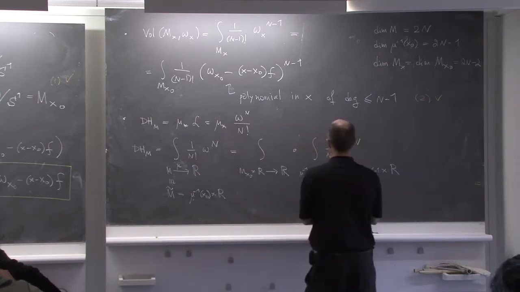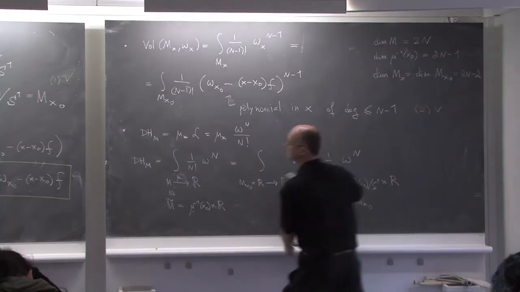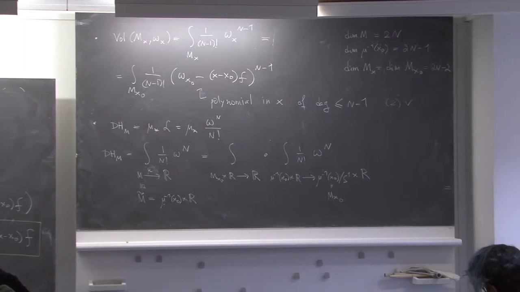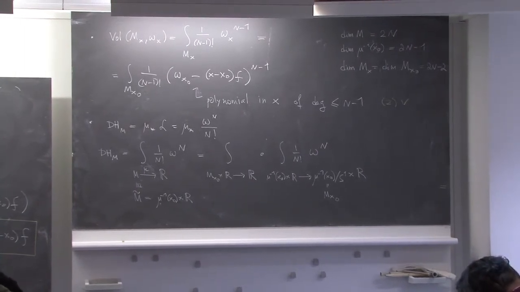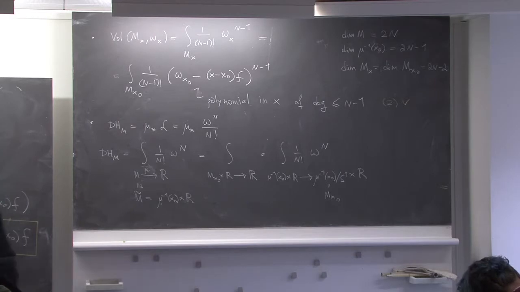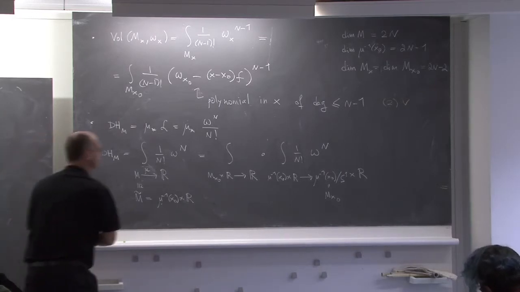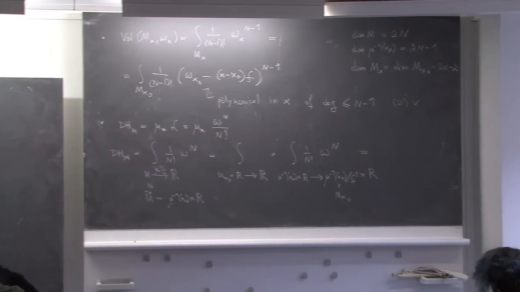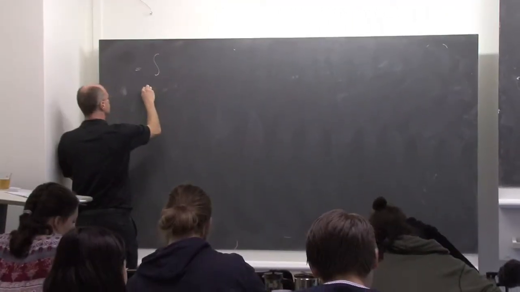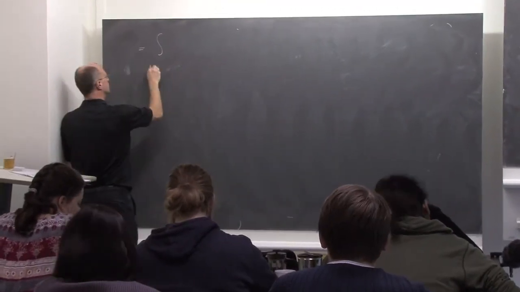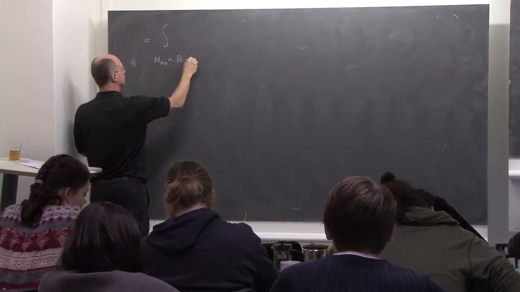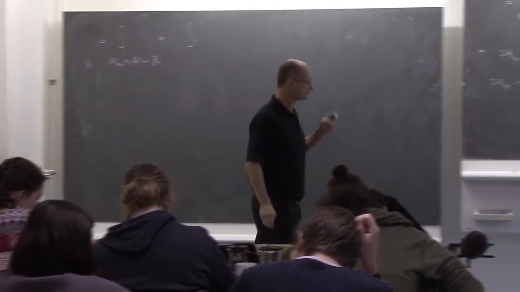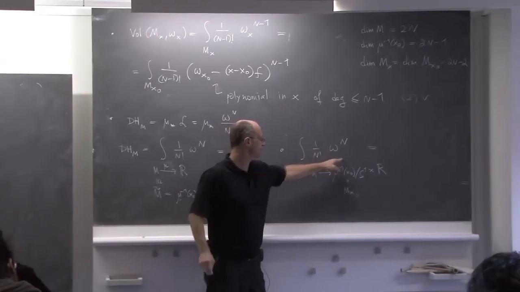Okay, so let me continue the calculation here. That's my integral over the reduced space, and here I would like to rewrite this integral in the following form.